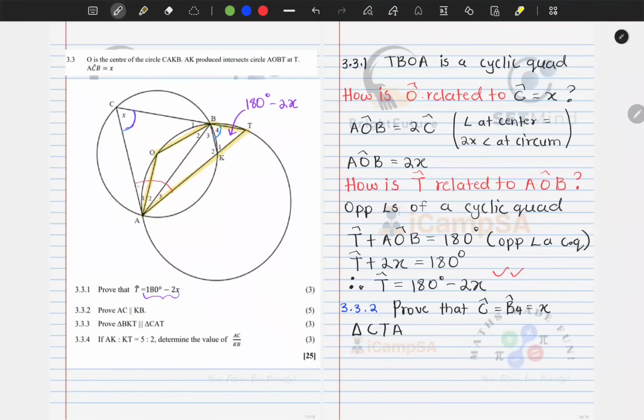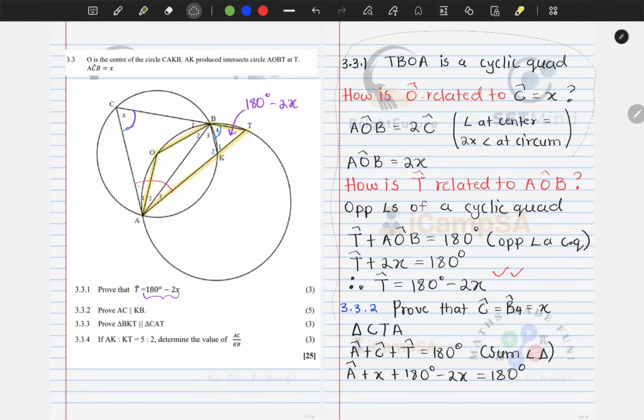So angle A plus angle C plus angle T should be 180 degrees, and that is just the sum of angles in a triangle. Looking for angle A, we'll have angle A plus angle C, we have x, angle T is 180 degrees minus 2x, equals 180 degrees.